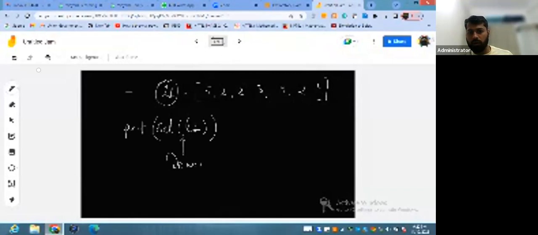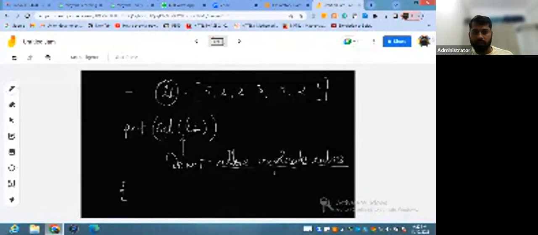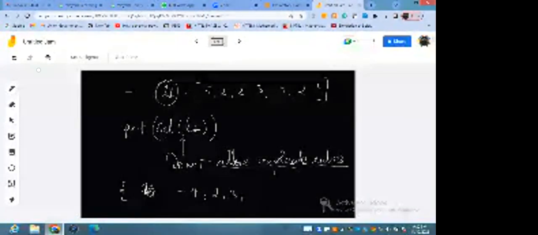When you give this list to set and then print it, the set does not allow duplicate entries. The answer would become -4, 2, 3, 5, 7, arranged in sorted form also.